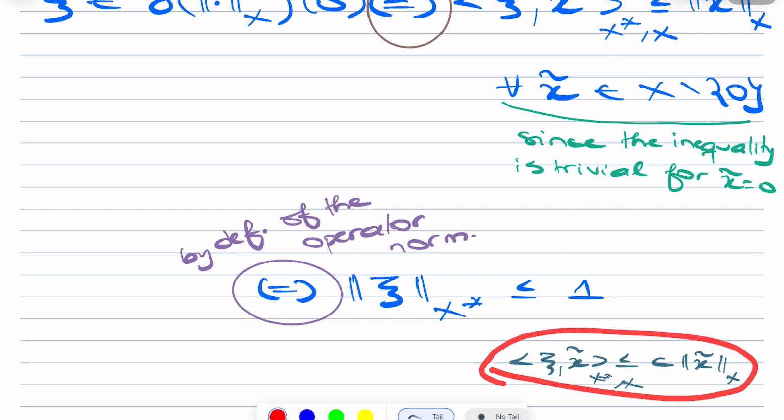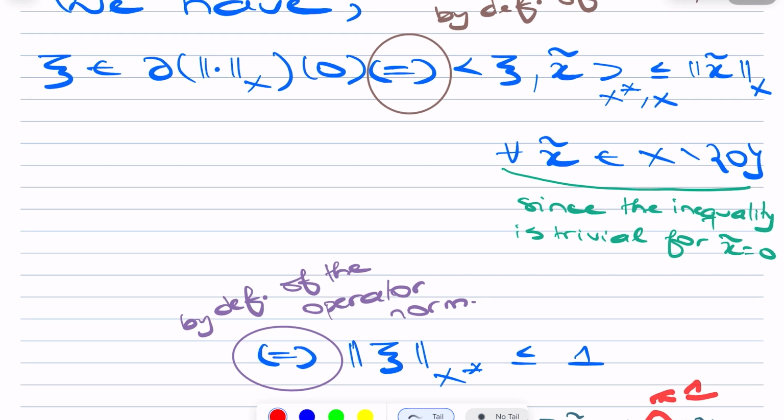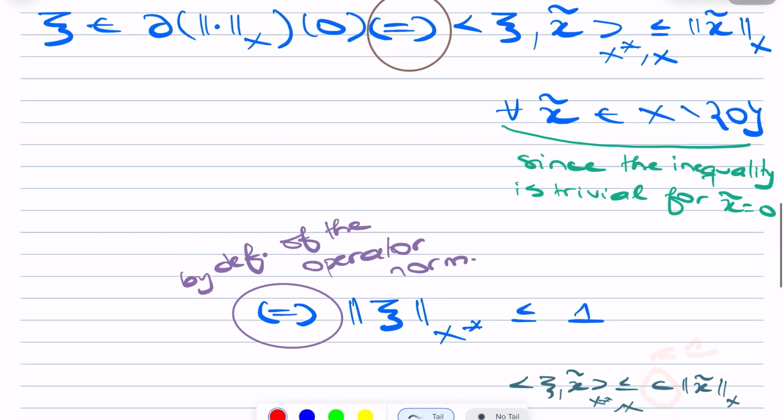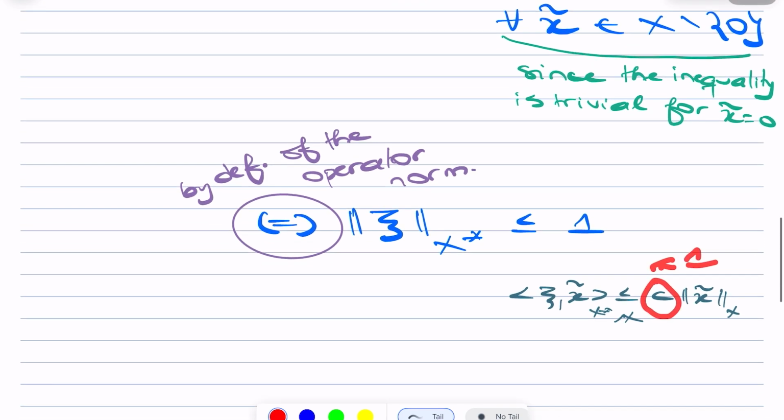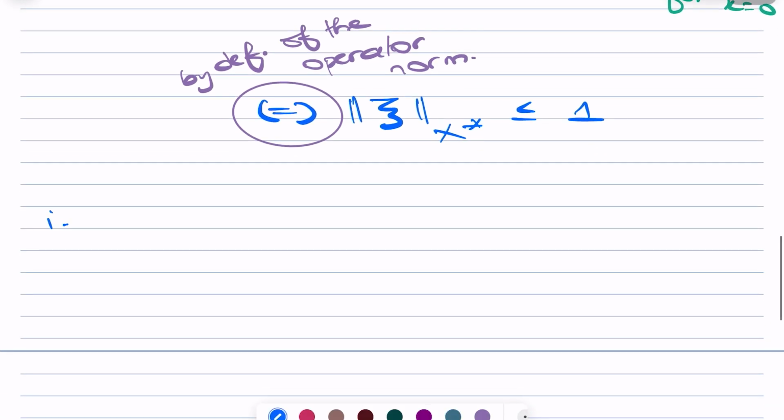But the c in our case is equal to 1, so we know that the norm of x star should be less or equal than 1, it cannot be beyond 1. So this is basically the proof for the case x equal to 0. We prove that the convex subdifferential of the norm function at the point 0 is equal to the closed unit ball.